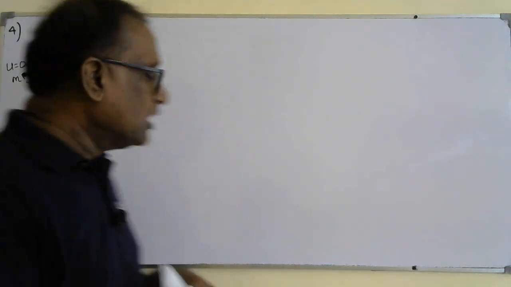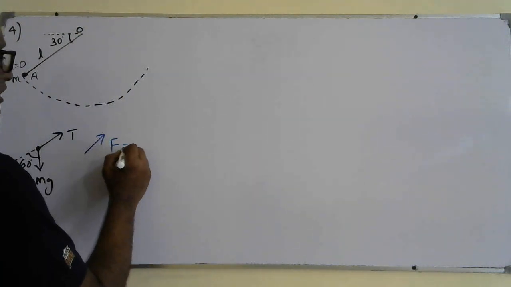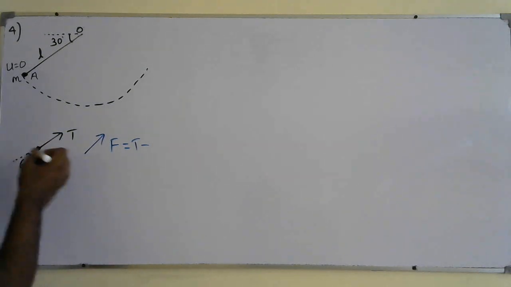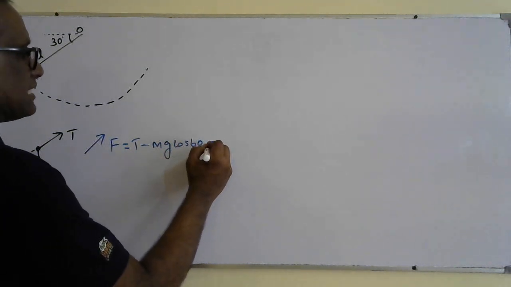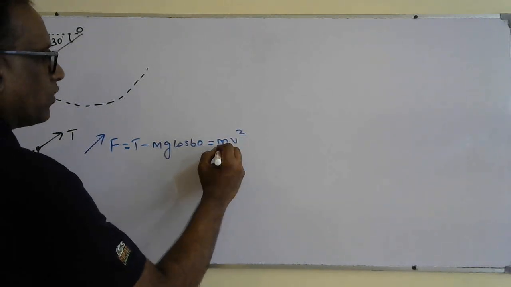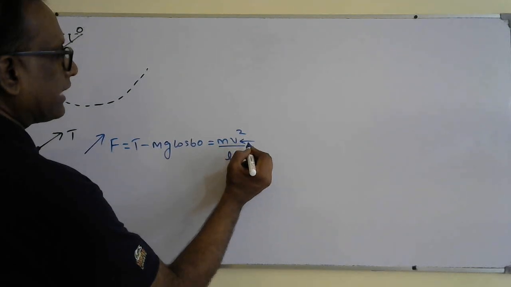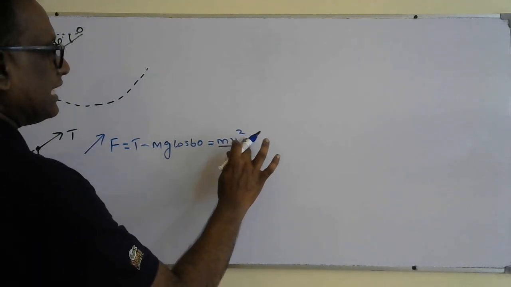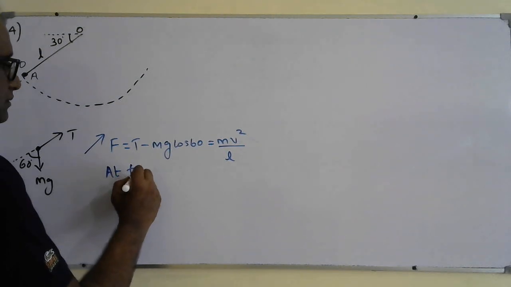the centripetal force. So centripetal force towards the center of the circular path, F is equal to T minus mg cos 60, that is equal to mv squared over r, where r is L. But anyway, the speed is 0 at that moment. They are saying when she is released, v equals 0.